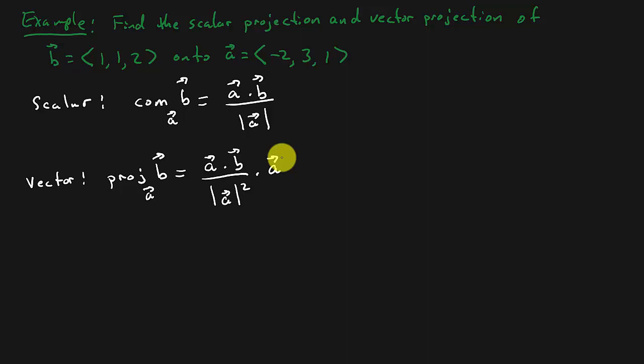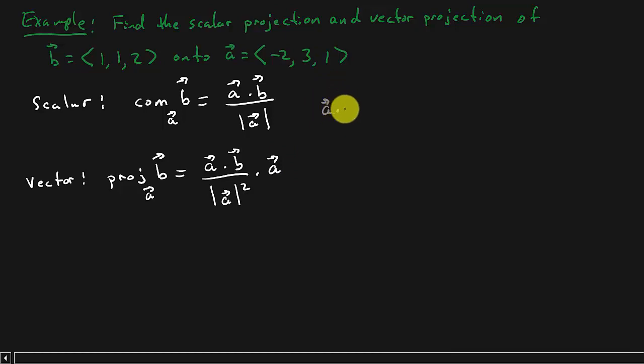Well, we need the dot product of A and B, and we need the magnitude of A. So let's do the dot product of A and B. That's going to be -2 times 1, plus 3 times 1, plus 1 times 2, and so that ends up being 3.